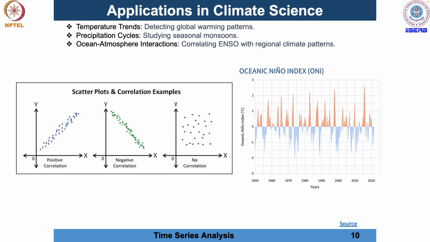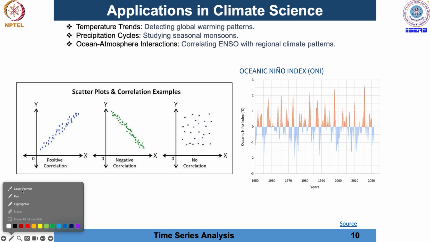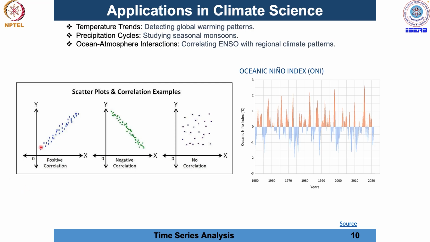Then there is another concept applied in climate science when you are talking about time series: correlations. For example, if you look at this plot, it shows one property X and another property Y. When you correlate these two variables, it shows whether your variables are positively correlated, negatively correlated, or whether there is no correlation at all.